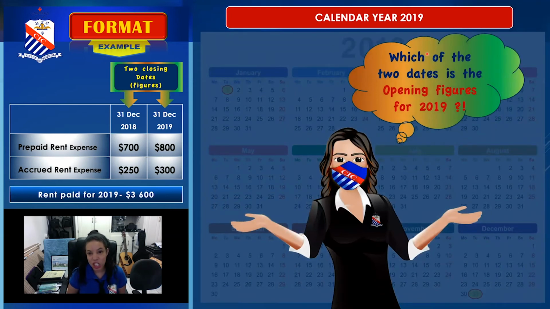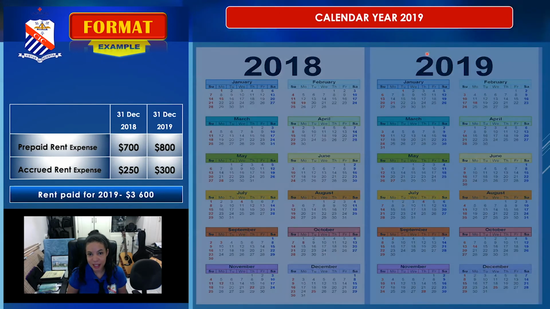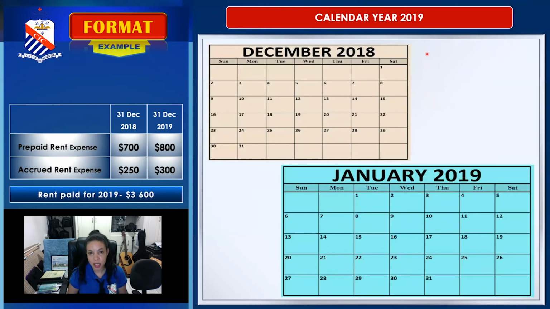So, which date would be the opening figures in our two dates there? Remember, it will have to be the closing date for the previous period. That is where we get our opening balances. If you remember, we said how the ending or the closing is your carry down, and it's carried to the following period.